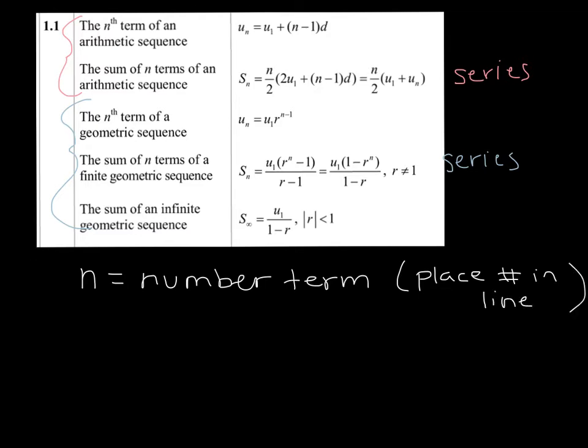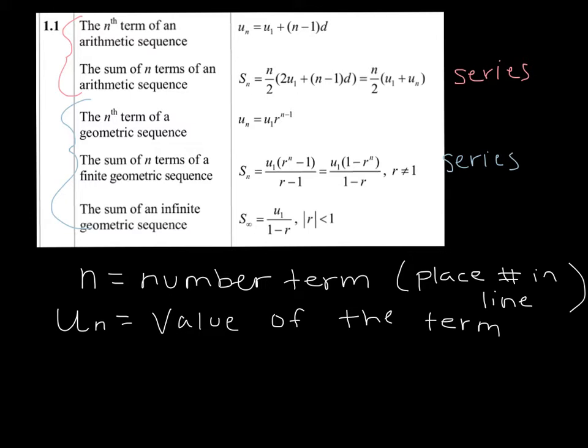Is it the 10th term? Is it the 11th term? Which term is it? And so that's its number in line. Not the actual value of it, but which spot it's in. U sub n is the actual value of the term, and that's true for all of these equations.